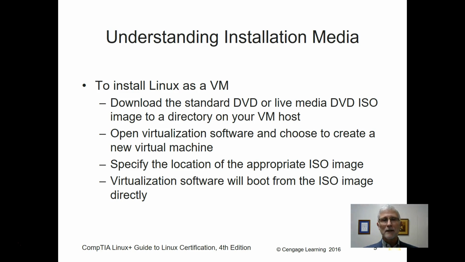Right now I'll play with Workstation. Since it's giving you instructions in Workstation, you can open up VM Workstation. It's going to ask you to create a new virtual machine. And part of that is it's going to ask you where the appropriate ISO image is. So we got to make sure that you know where you've saved that downloaded ISO image.